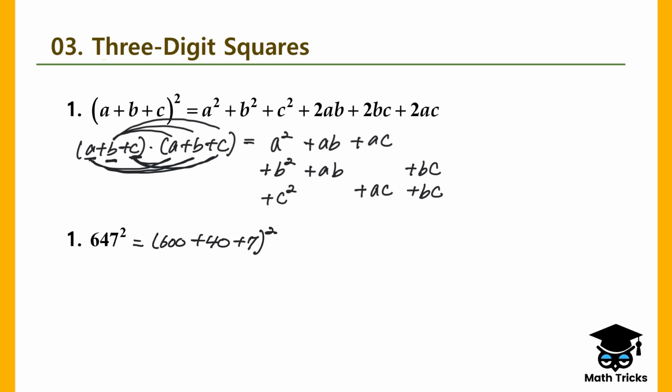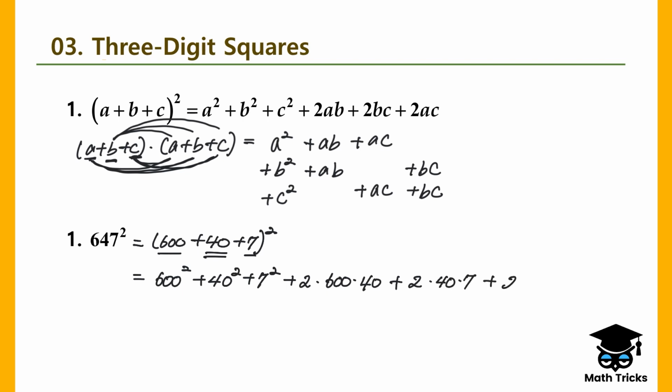So if we expand this expression, that is equal to 600 squared plus 40 squared plus 7 squared plus 2 times 600 times 40 plus 2 times 40 times 7 plus 2 times 600 times 7.